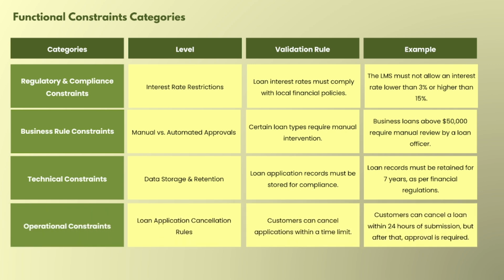And finally, operational constraint, loan application cancellation rules. Customer can cancel an application within a time limit. This particular thing is related to the customer. A customer can cancel a loan within 24 hours of submission, but after that approval is required.